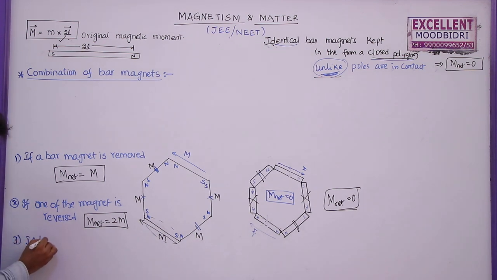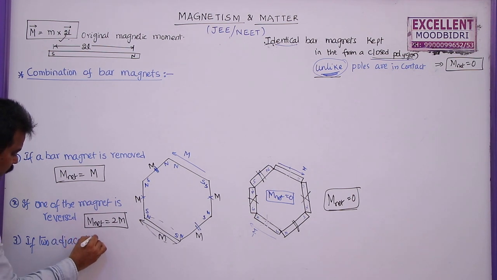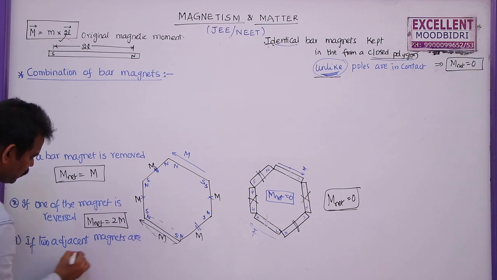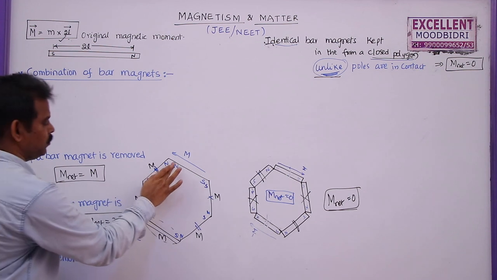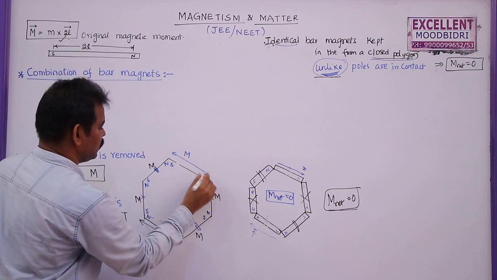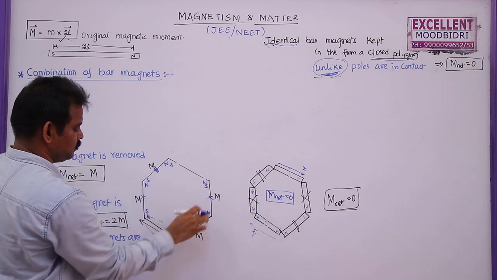Third case: if two adjacent magnets are removed. First, let me take the unlike poles arranged such that S and N are all in the same direction, in the same cyclic order.